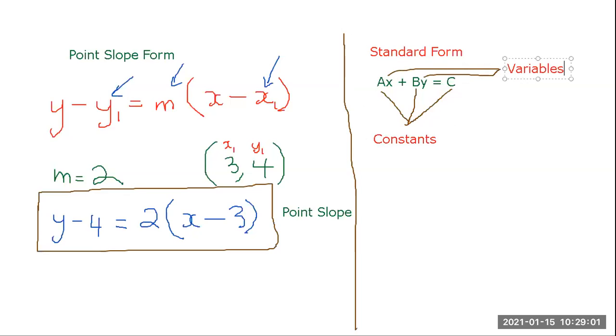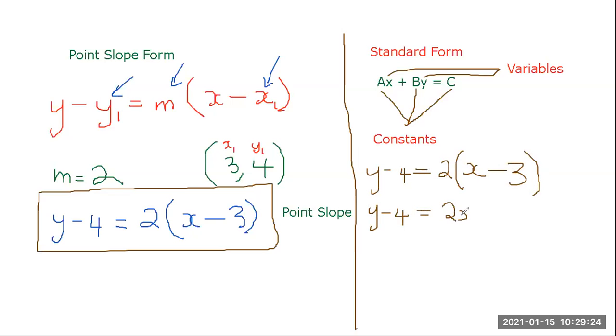So I'm going to take the example that I used before on this other side right here: y minus 4 is equal to 2 times x minus 3. And then I'm going to put this equation in standard form. I work it out like I normally do with regular equations. y minus 4 is equal to 2x minus 6.